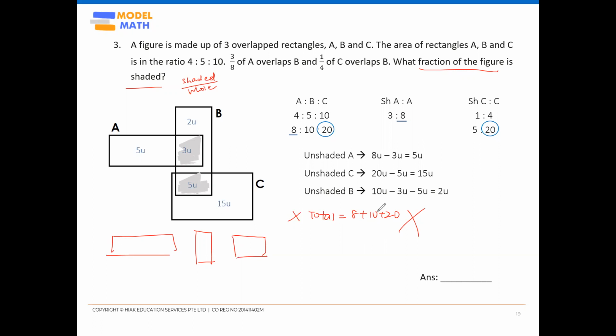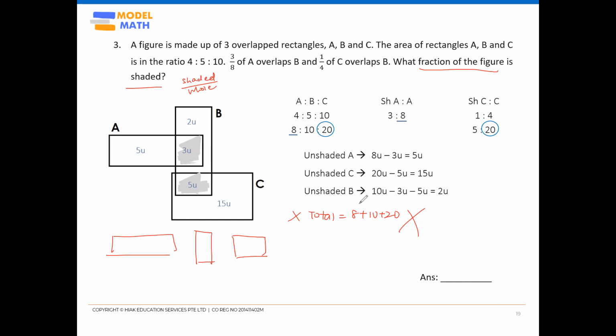Just imagine like exposed surface area. You learn that in science. When they're spread out like that, of course the exposed surface area is larger than if they're overlapping together. Because when they overlap, the surface area gets smaller. So the number of units should be lesser than the sum of this. The total units here must be lesser than this sum. So we shouldn't be taking 8 plus 10 plus 20.